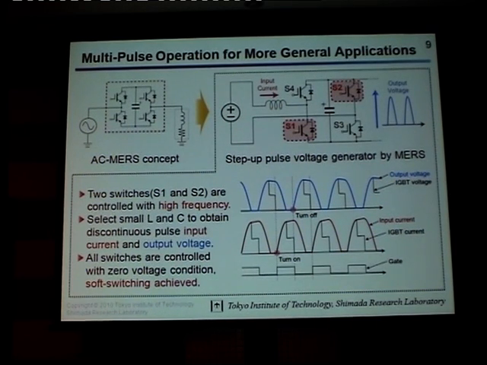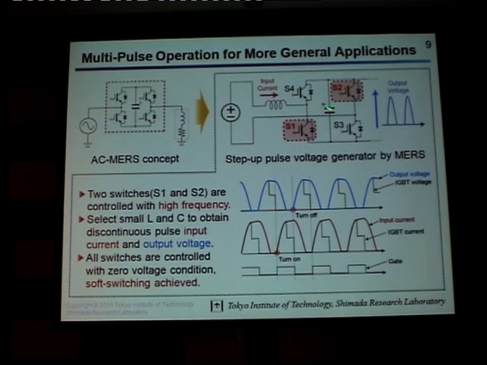Okay, that was a very quick application of our soft switching technology, and we will go to more general applications. So I will talk about a little bit more complex thing. This MASS concept can generate a DC pulse voltage, as introduced in the previous slides.